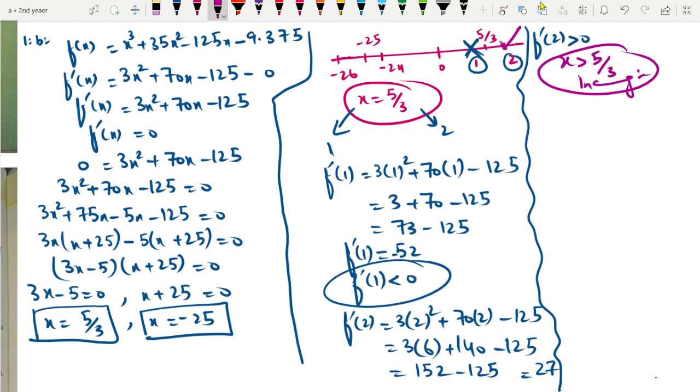Now we will check for minus 25. On the left hand side there is minus 26, and on the right hand side there is minus 24.